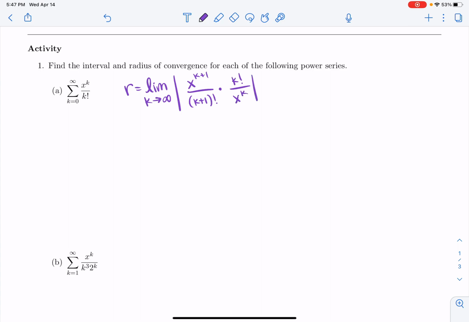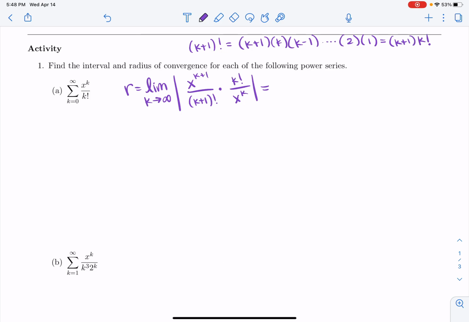All right, now we can simplify. Remember, k plus 1 factorial is equal to k plus 1 times k, times k minus 1, and so on until we get down to 1. We just keep subtracting 1. So that means that k plus 1 factorial is equal to k plus 1 times k factorial.